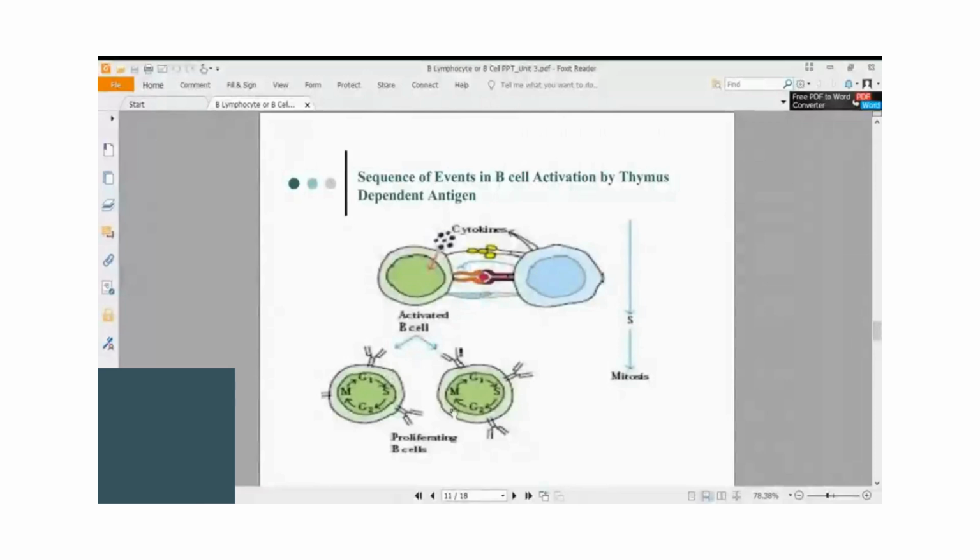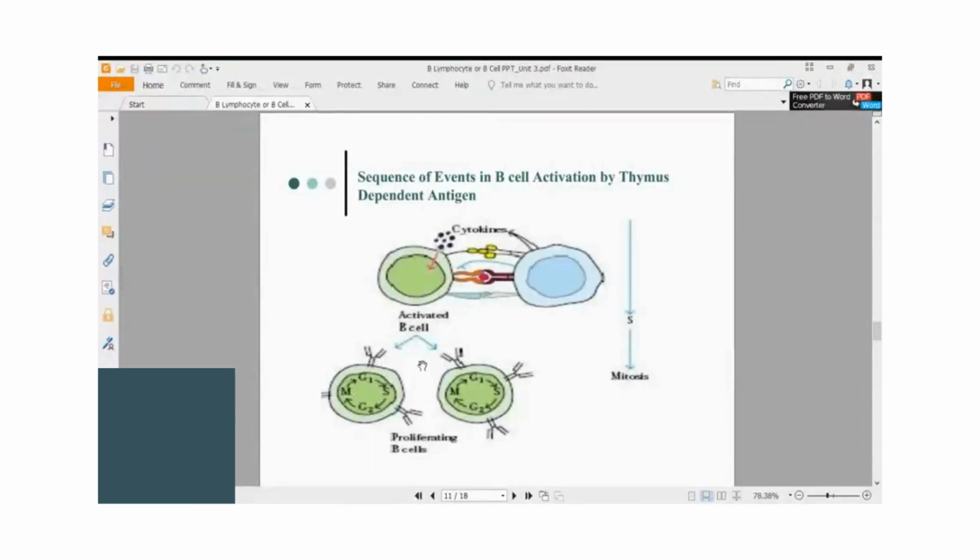So in permutation and combination, the clones of B lymphocytes that are going to be produced try to put their best MIgM receptor on their surface, which will show high affinity interaction with the same antigen against which they have undergone activation. Initially, it will be low affinity.